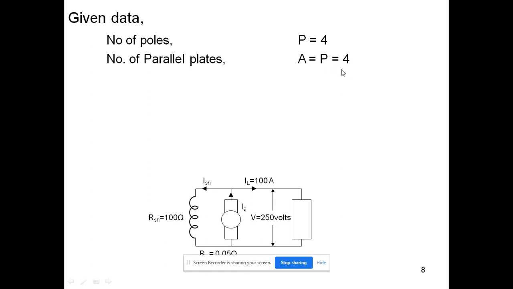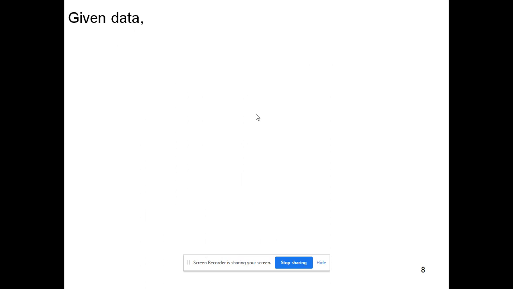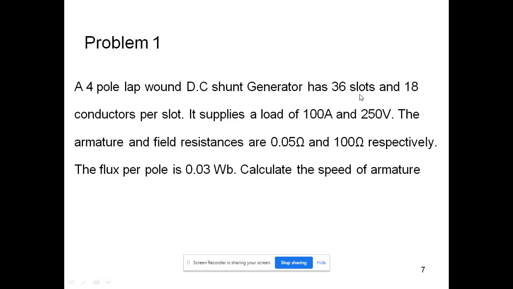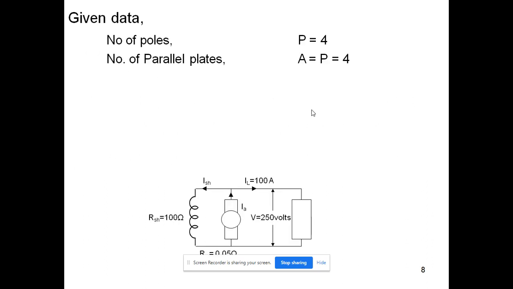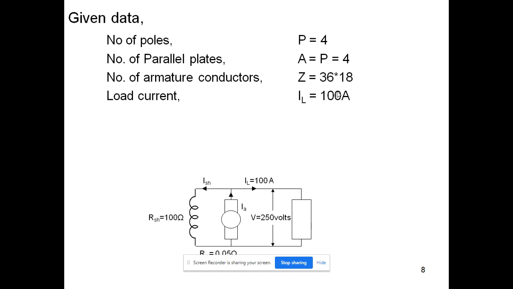The total number of armature conductors is represented by Z, which is given as 36 into 18. 36 is the number of slots and 18 is the number of conductors per slot.